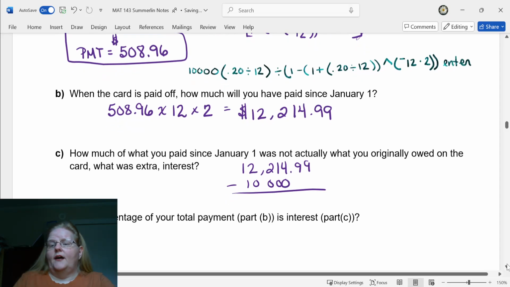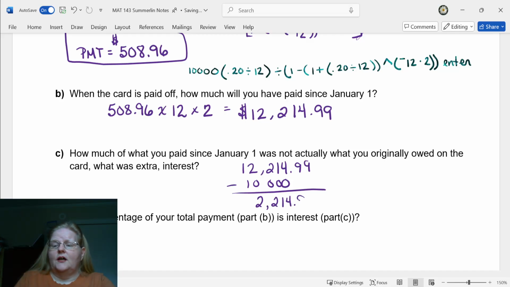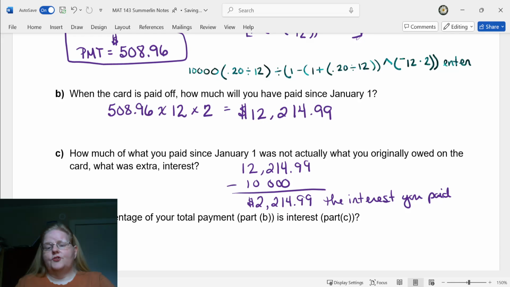When you do that, you get that you paid $2,214.99 more. That's the interest you paid.